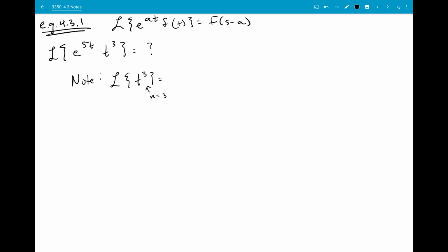L of t to the n would tell us that it's n factorial over s to the n plus 1. But for us, since n is 3, that's 3 factorial over s to the 3 plus 1. So that's going to be 3 times 2 times 1 over s to the 4th. So that's just 6 over s to the 4th. And that's our capital F of s.